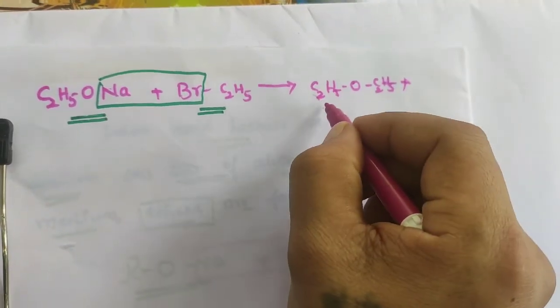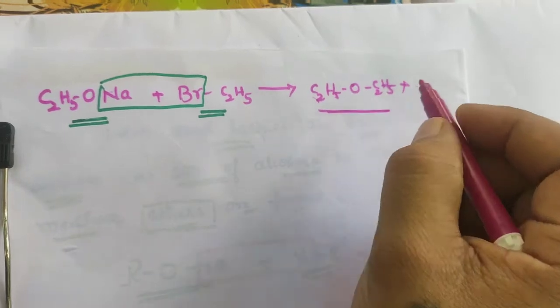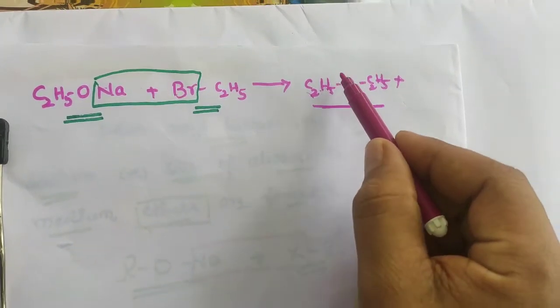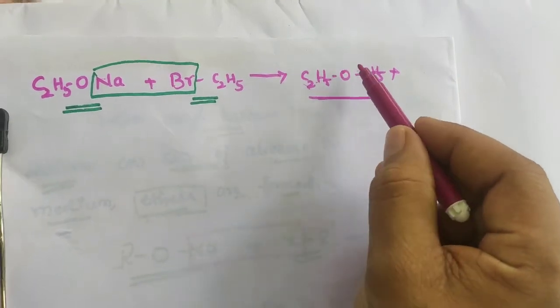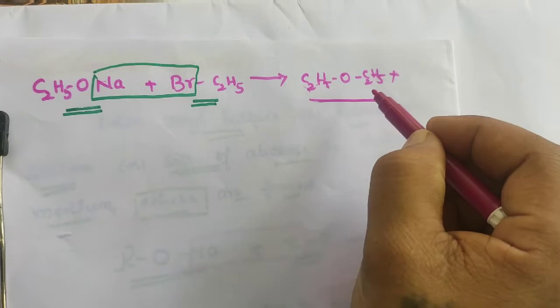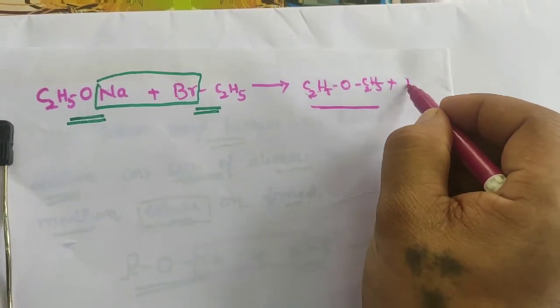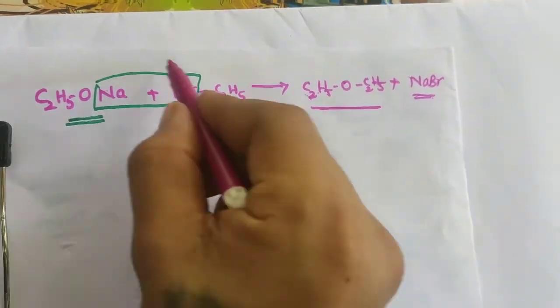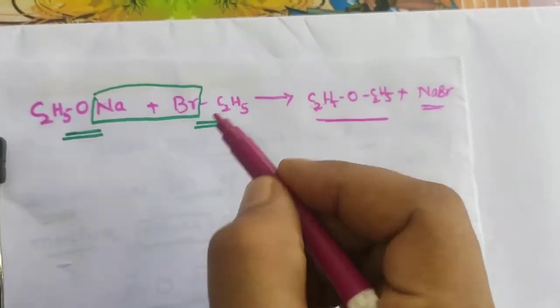This is known as diethyl ether, because two ethyl groups are present, and the functional group is called an ether. So this product is diethyl ether, with elimination of sodium bromide. This is one of the important reactions.